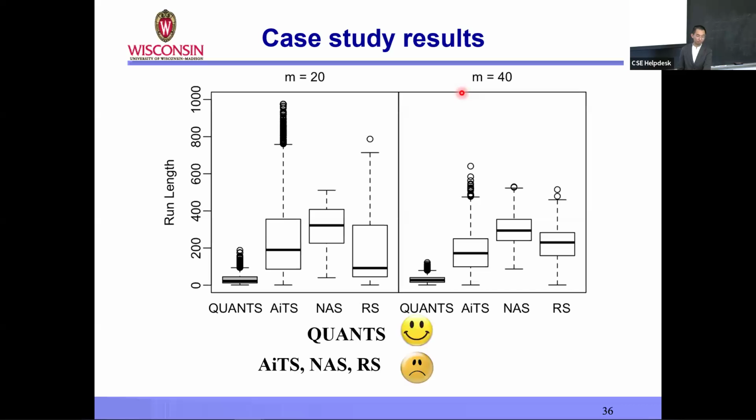But also, you can see there is a significant advantage of our quantile method, that it's performing way better than the other three. And this one actually was the first part of my talk. And we can see that it's detecting much quicker than the other three.